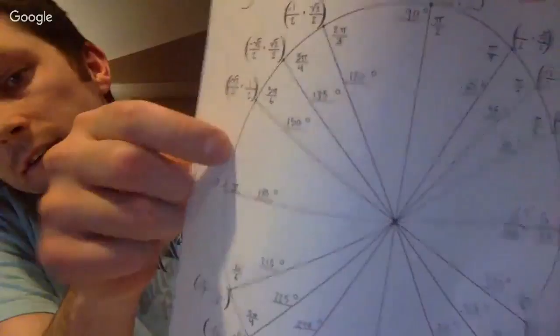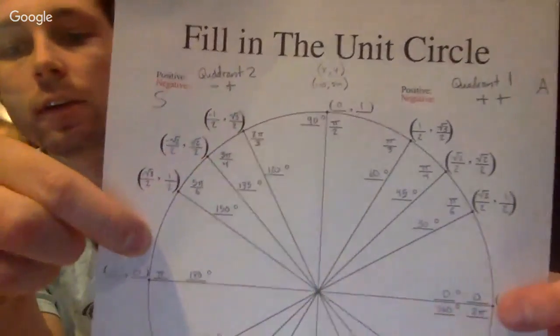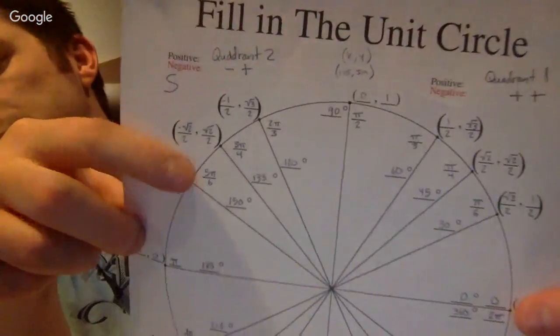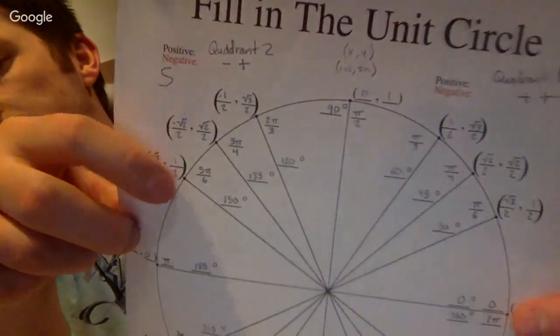Okay, so if sine theta is 1/4 and it's in the second quadrant, then it's going to be right around here on the unit circle, because that's 1/2 up right here.